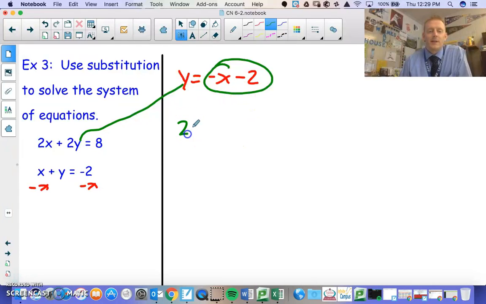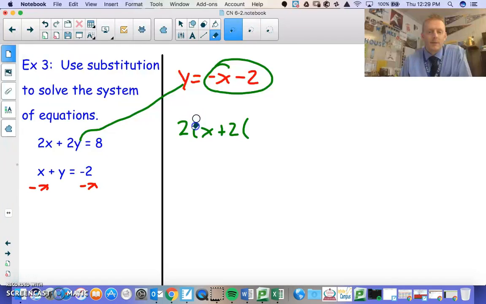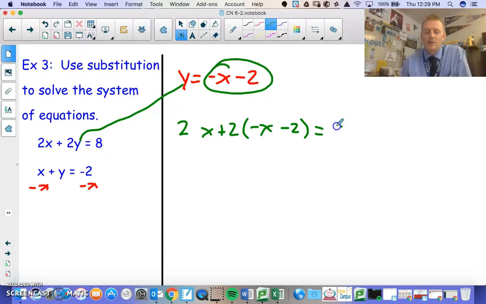So it's going to say 2 times x plus 2 times the quantity of this negative x minus 2, equal to 8.